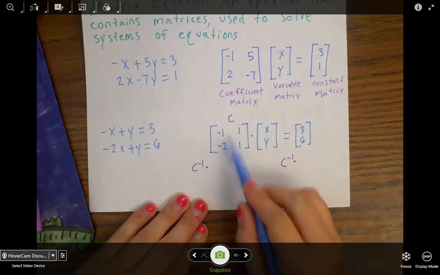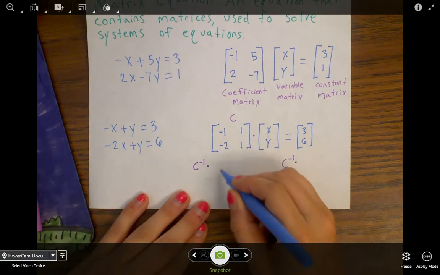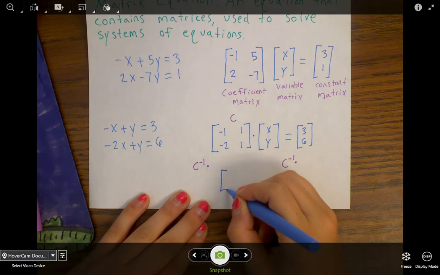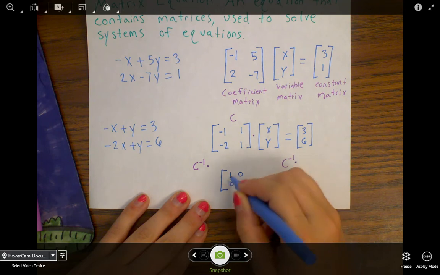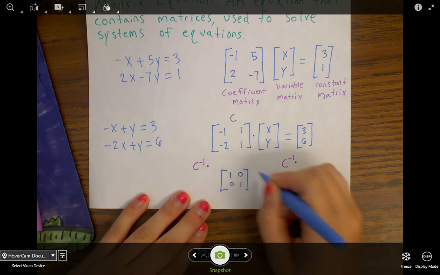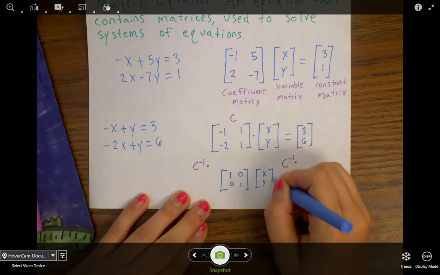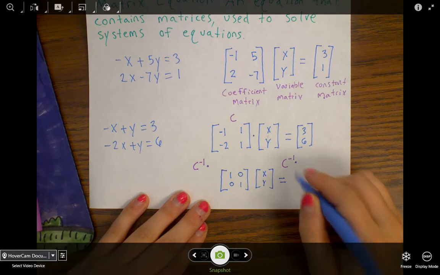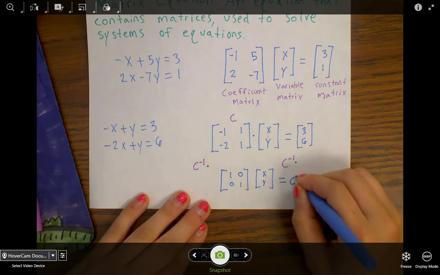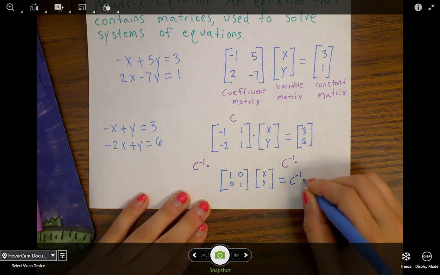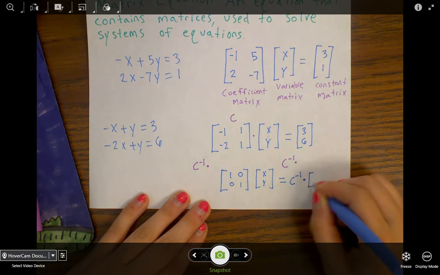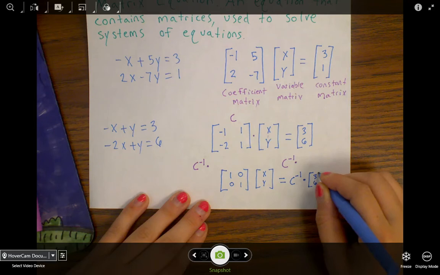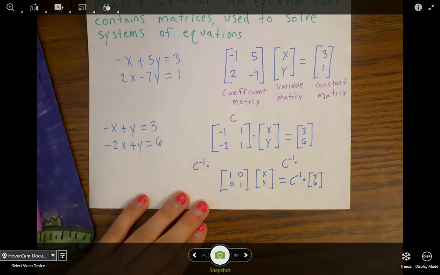So C inverse times C is going to give me my 2 by 2 identity: 1, 0, 0, 1. And then I still have an x, y, and that's going to equal whatever my C inverse is times 3, 6.